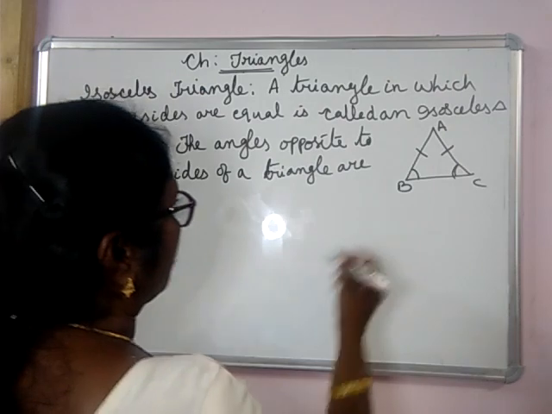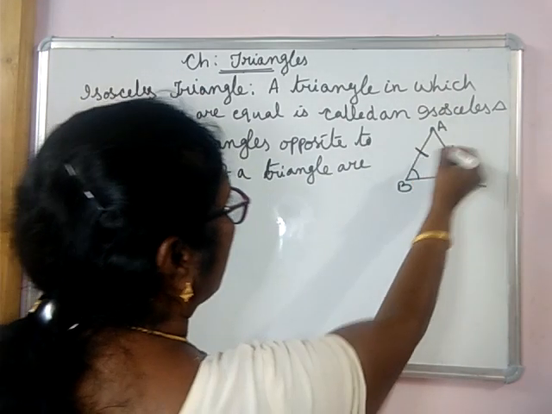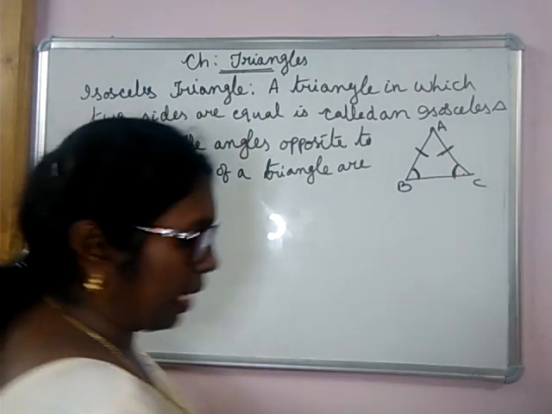Let me draw. If ABC is a triangle in which AB is equal to AC, you have to prove that angle B is equal to angle C.